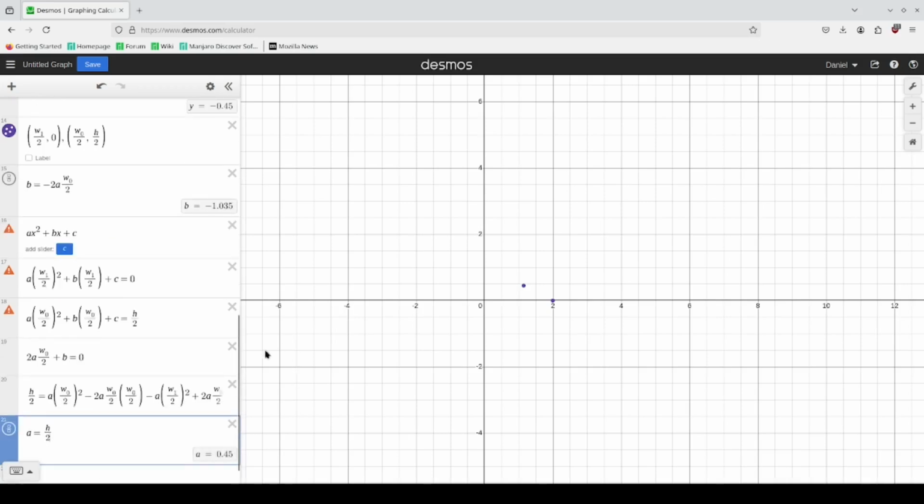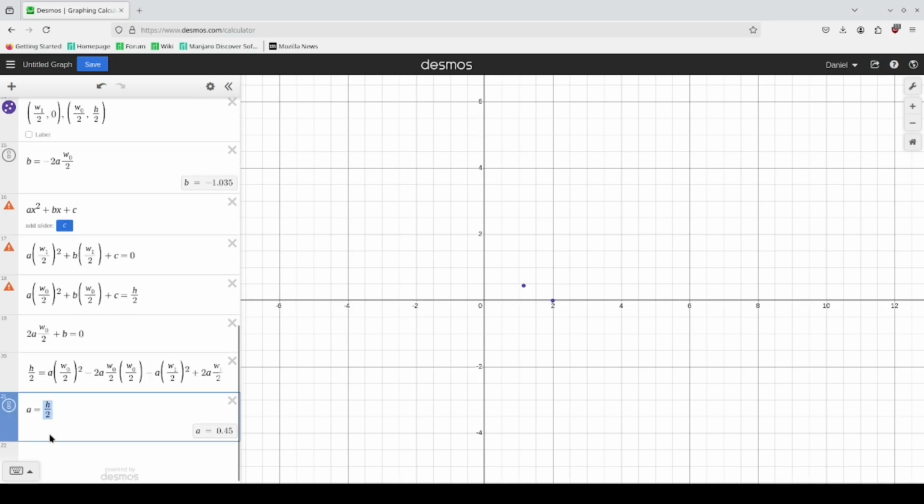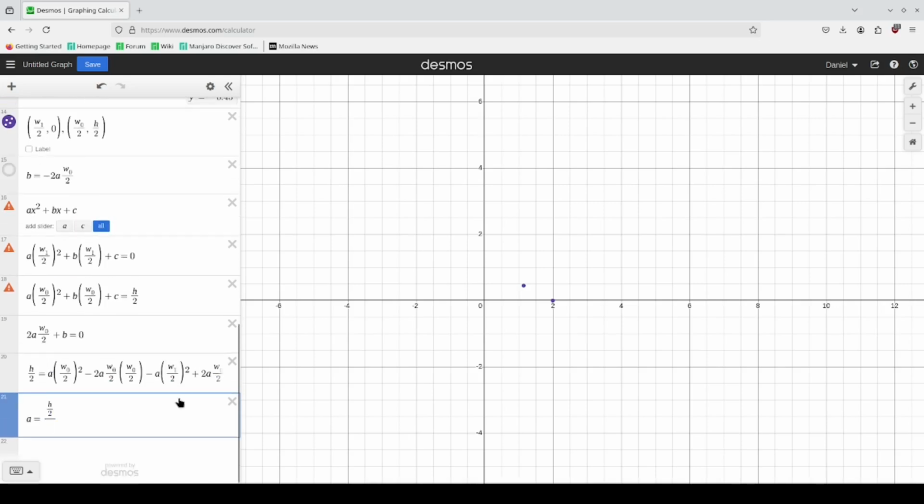we take h over 2, and I'm just going to show you so you can see what we're about to do here. Every single one of these terms has an a in front, or it is multiplied by a, which means we can safely divide by the sum of all the coefficients.